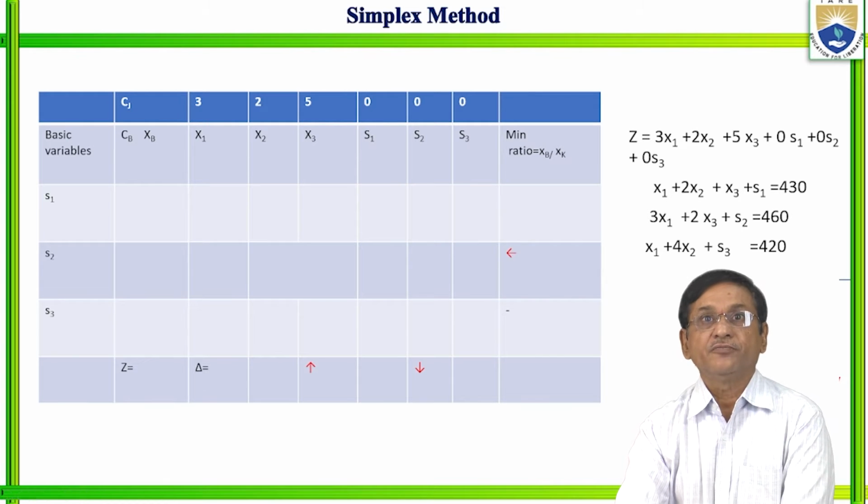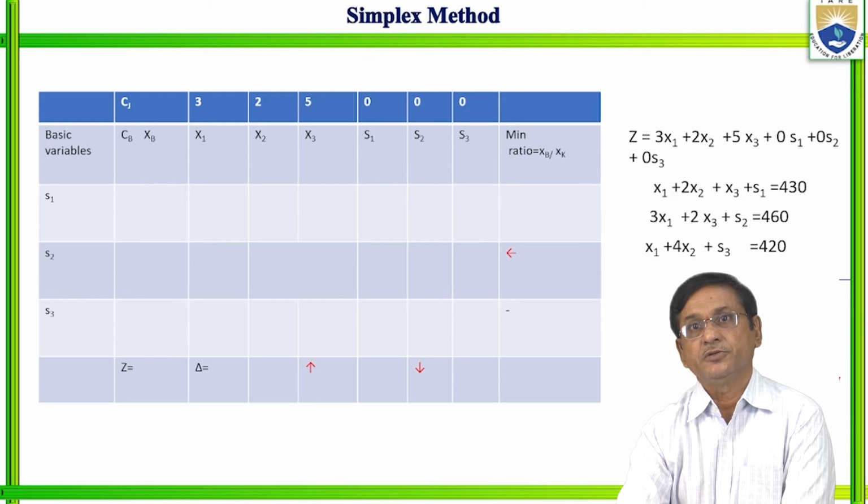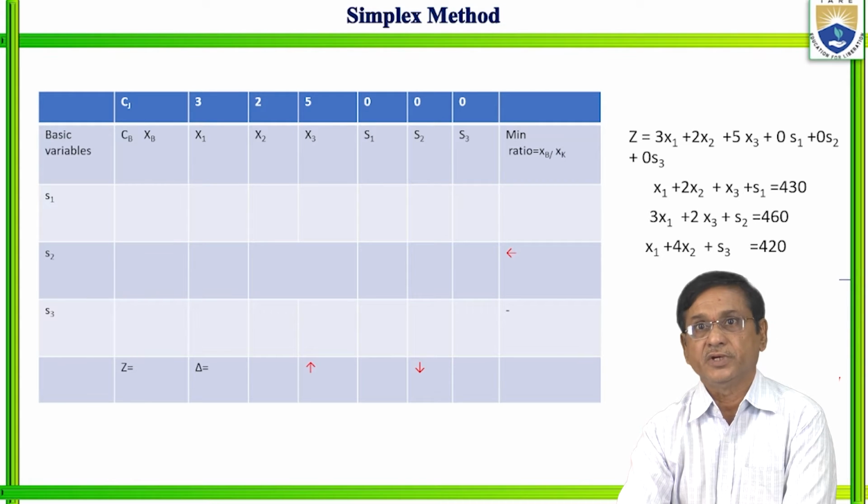In this table, the first column is the basic variables. The second column is CB XB. CB means coefficient of the basic variables. XB is the values of the basic variables. Then X1, coefficient of X1 in the objective function. X2, coefficient of X2 in the objective function. And X3, coefficient of X3 in the objective function. And S1, S2, S3, the corresponding coefficients in the objective function.